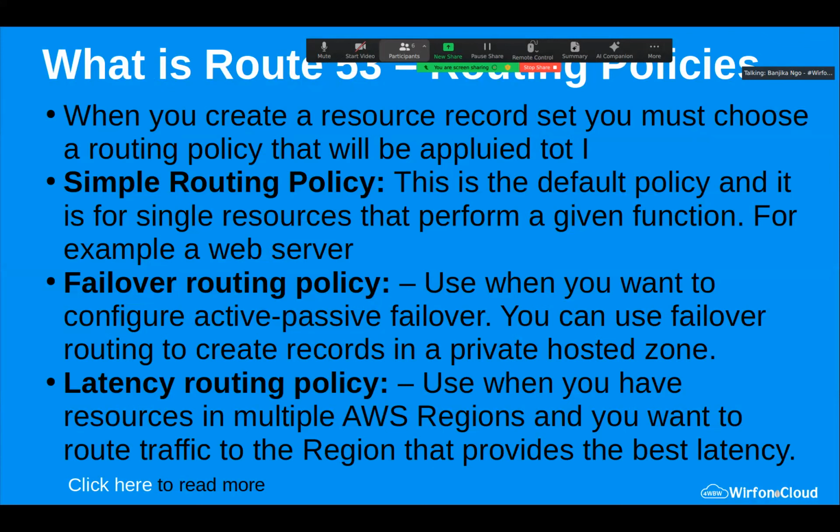Then in Route 53, you also have routing policies, and there are different types of them. You have simple routing policy, failover routing policy, and latency routing policy that you can also look into. The simple routing policy is the default one.